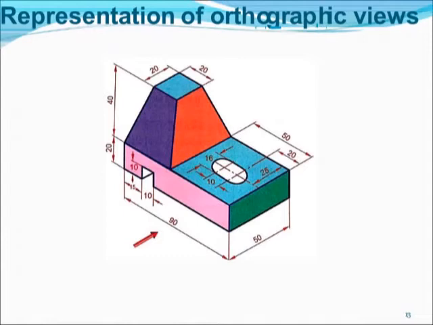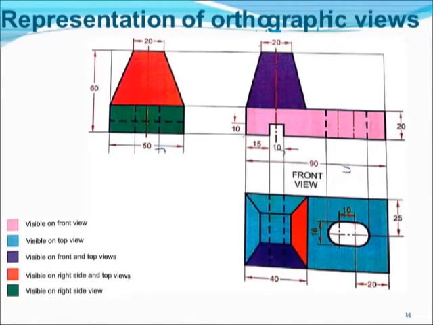The bottom portion I can see, that is the pink color, and I can also see the violet color. So my front view will be the combination of the violet color and the pink color. I will be drawing the front view similar to this. So see here, this is the front view.